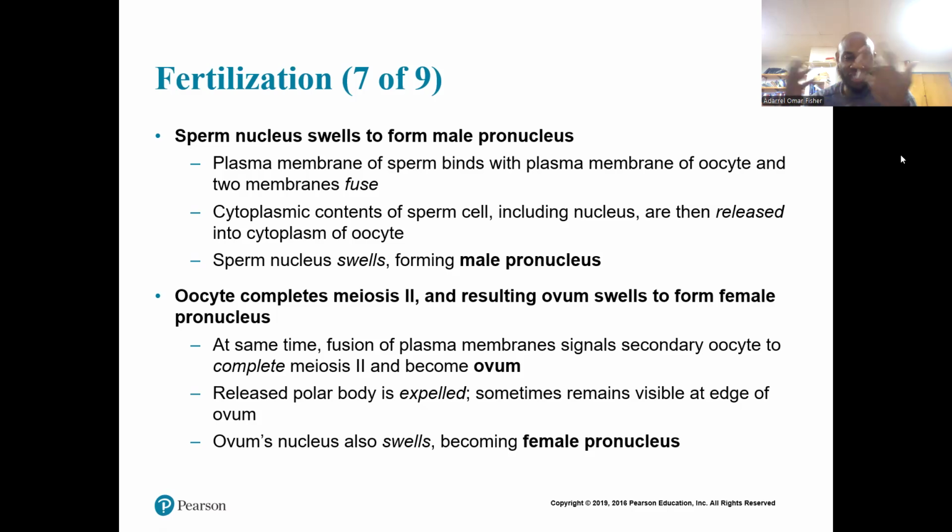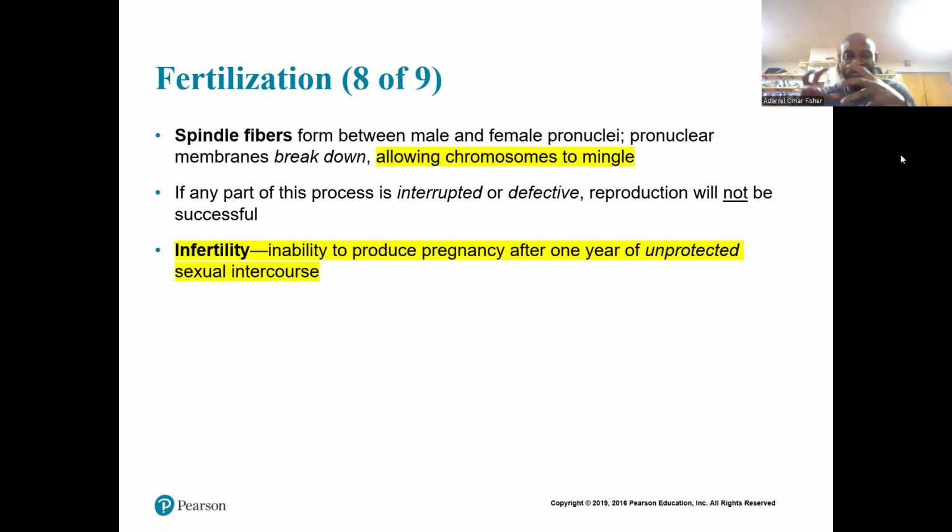The oocyte, the egg, completes meiosis 2, and the resulting ovum swells to form the female pronucleus. At the same time, fusion of the plasma membrane signals the secondary egg to complete meiosis 2 and become an ovum. Released polar bodies are expelled, sometimes seen as the visible edge of the ovum, and the ovum's nucleus also swells, becoming the female pronucleus. Right, so they're becoming one.